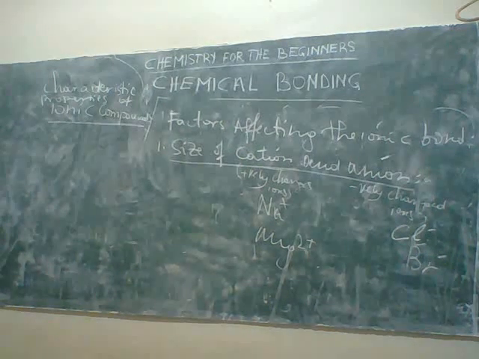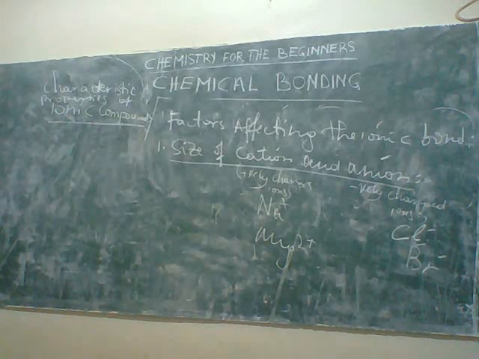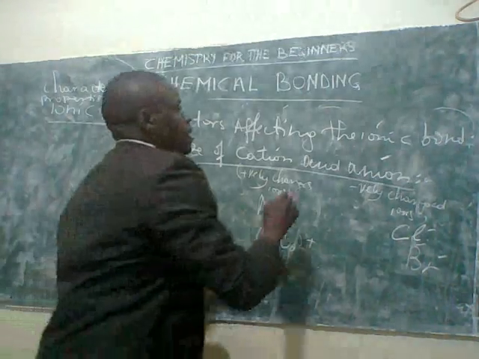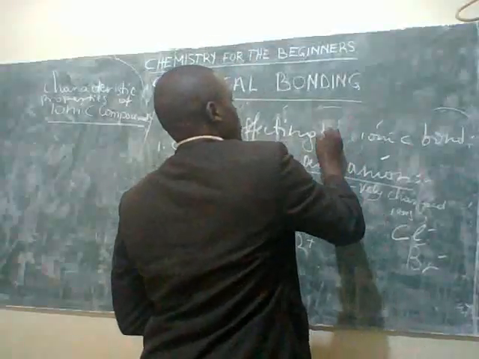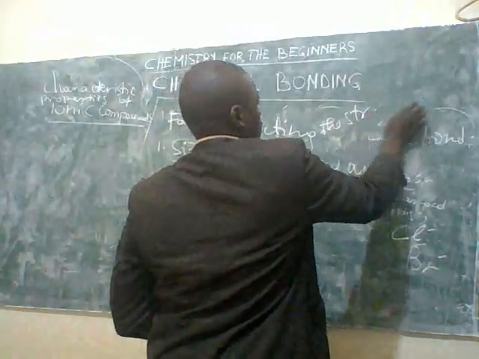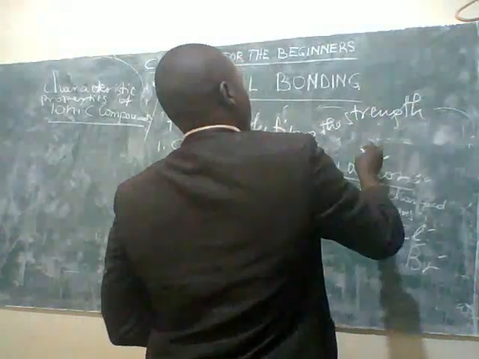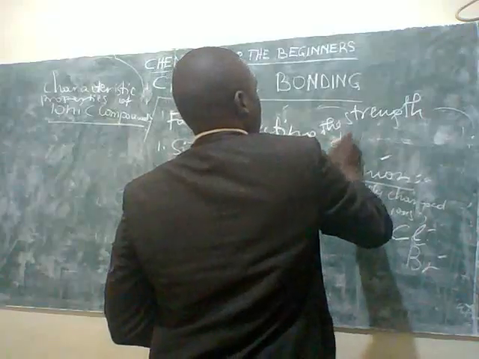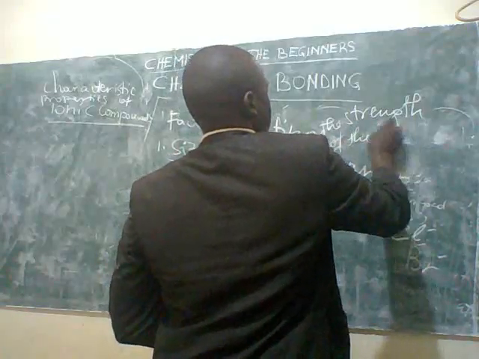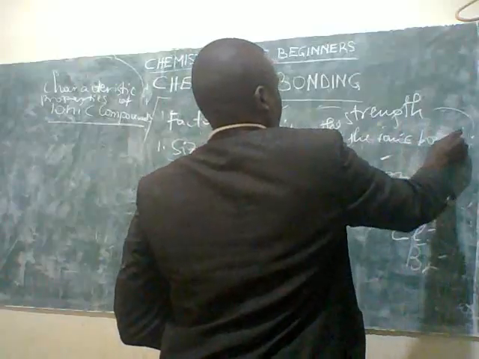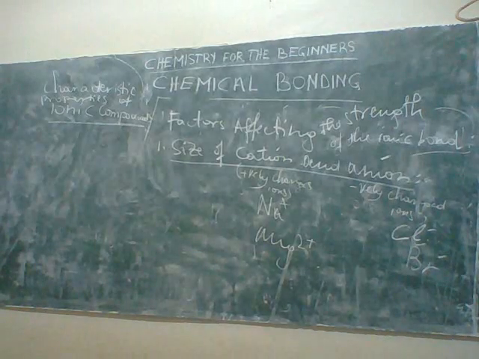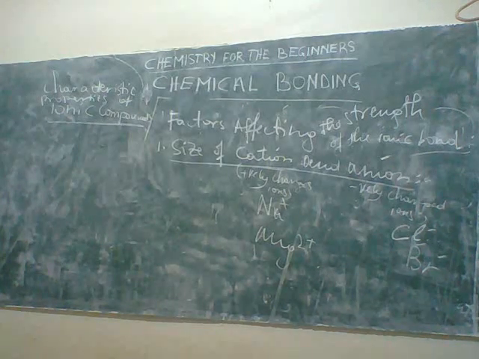So, about the factor affecting the strength of the ionic bond, number one is the size of the anion.